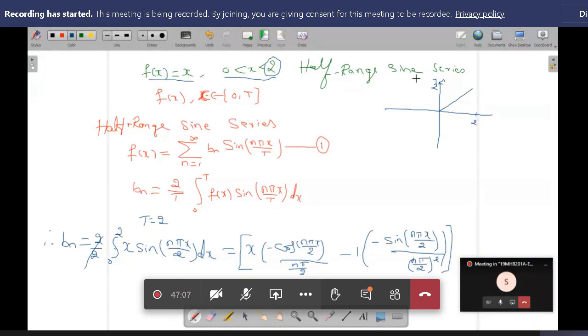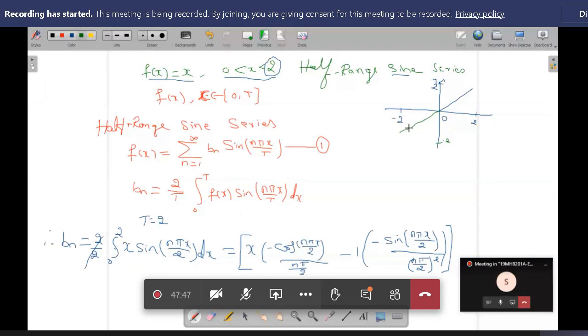That means you have to consider a full range, say -2 to 2, with the origin as the midpoint. When you use a sine series, the function sine is an odd function, so geometrically you are extending this function with an odd periodic extension. You just continue the same straight line up to -2, so the domain will be -2 to 2.